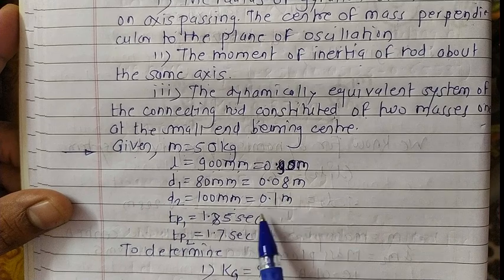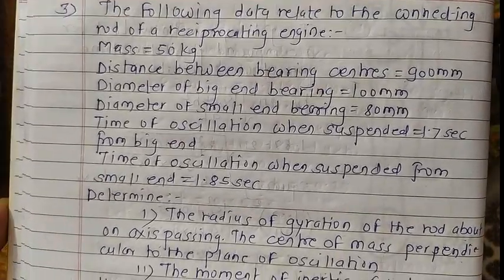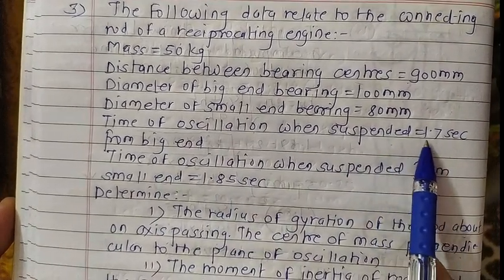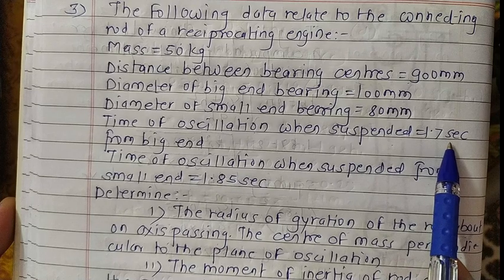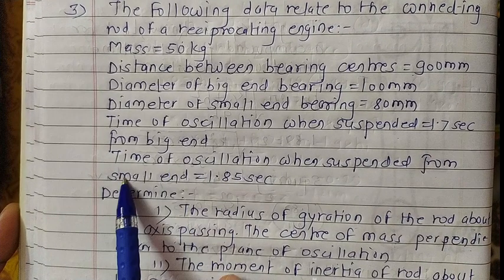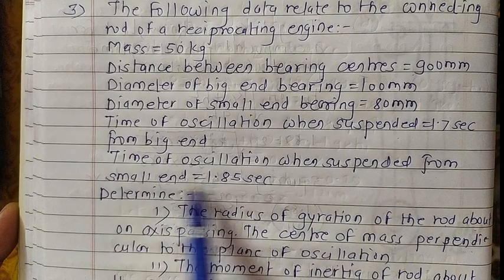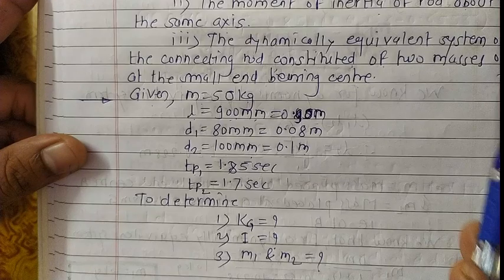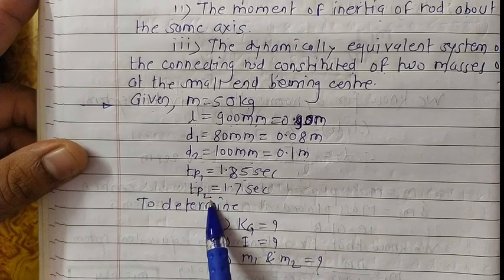Next, the important relation given here: the time of oscillation when suspended from the big end is 1.7 seconds, and from the small end 1.85 seconds. As per our previous discussion, consider the time period TP1 for the smaller end and TP2 for the bigger end.